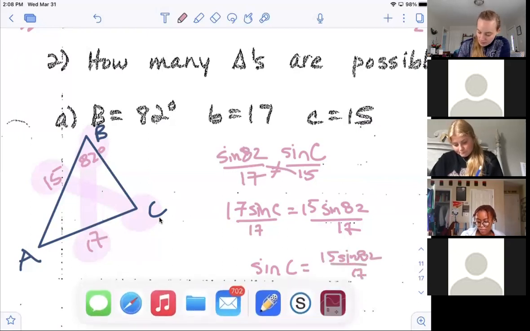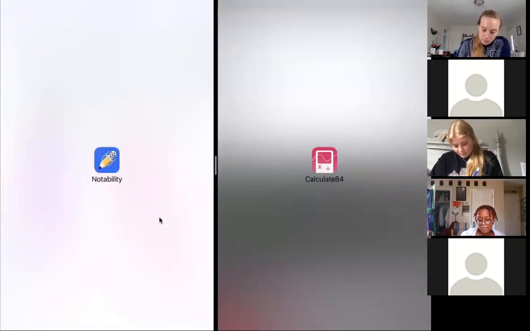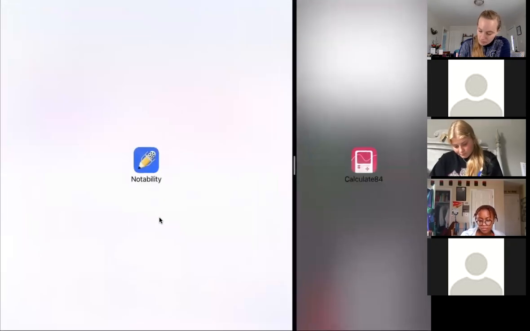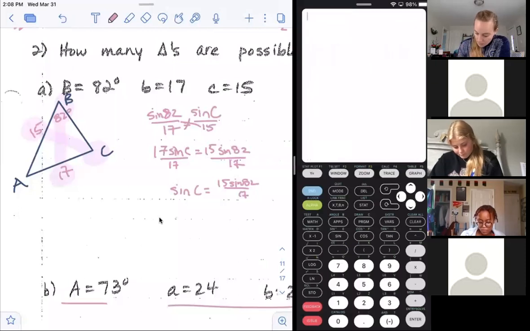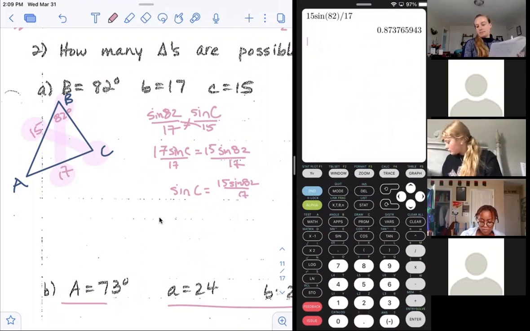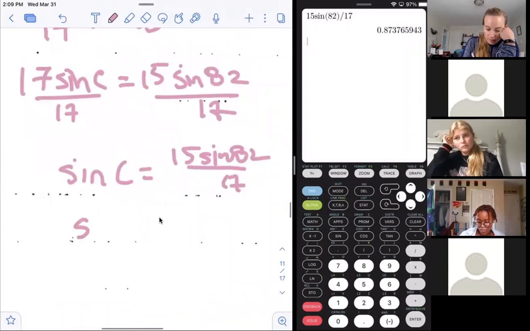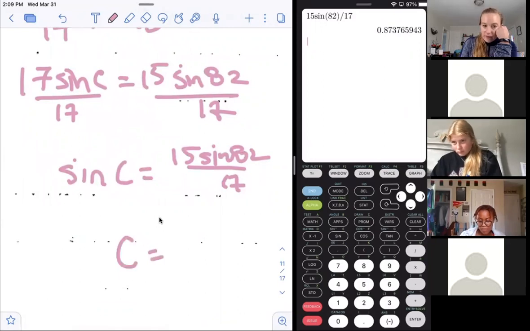So 15 sine 82 divided by 17, and I get 0.8738. I like to round as much as possible. You may not feel the need to. In order to get C by itself, I have to do inverse sine, sine to the -1, of the decimal I just found.